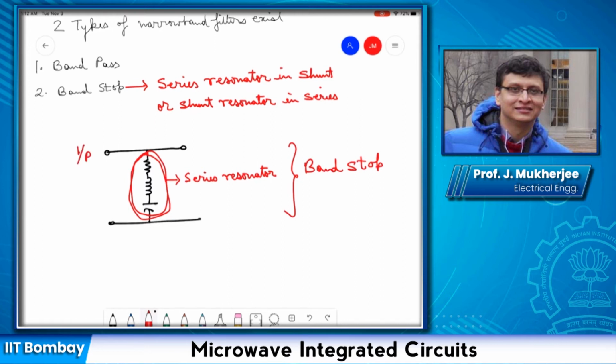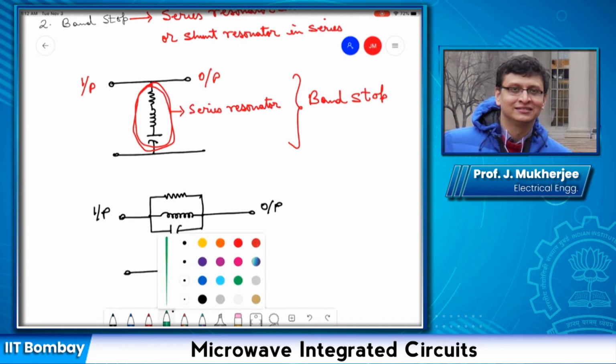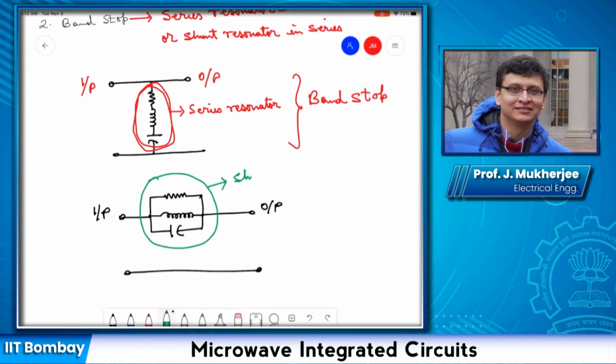This is the input, this is the output. Similarly, if I have, say, this circuit, now here, this one is a shunt resonator.